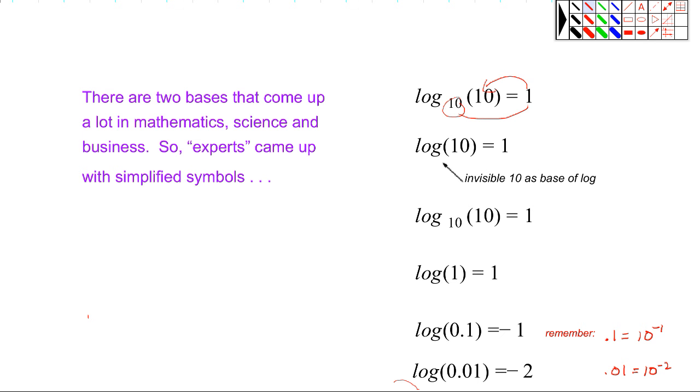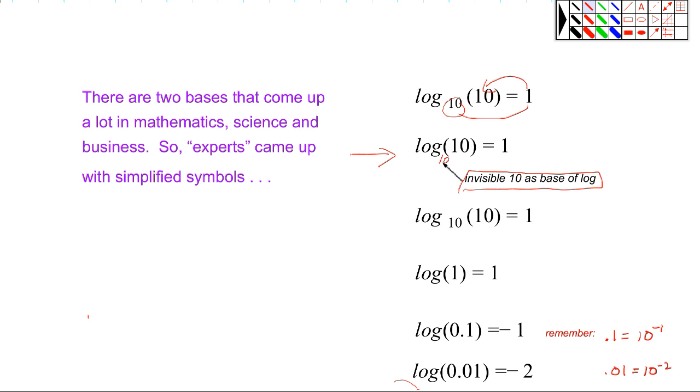Well, this equation means exactly the same thing. So if you ever see a log that doesn't have any base, you can write in base 10. Log without a base means there is an invisible 10 as the base of the log.